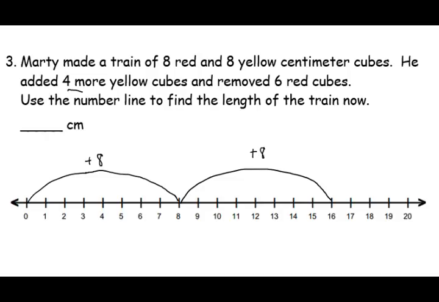Now he's going to add 4 more yellow cubes, so we'll do another hop of 4, and that takes us to 20 cubes altogether.